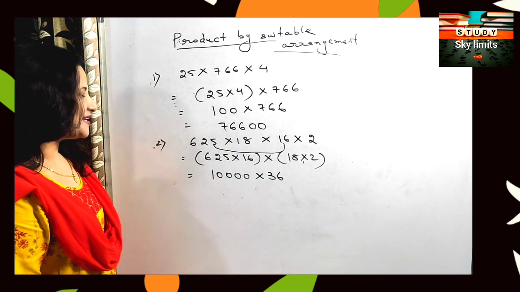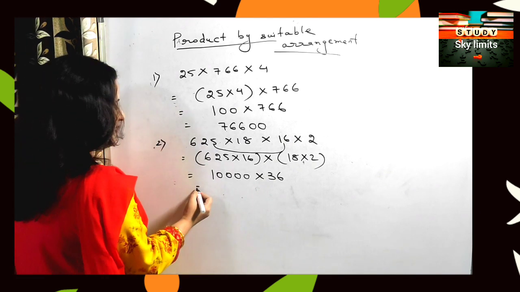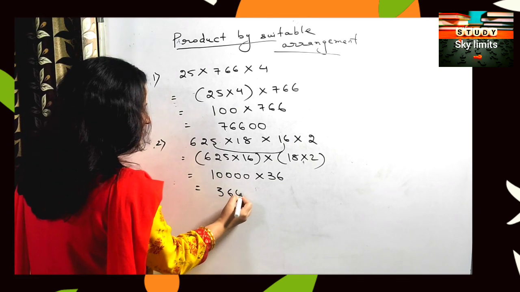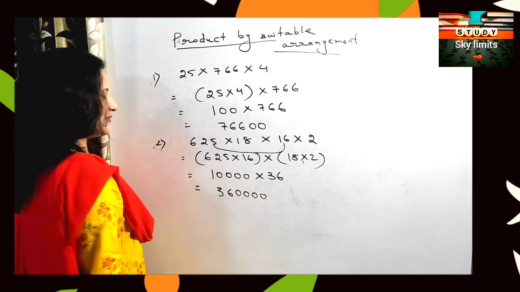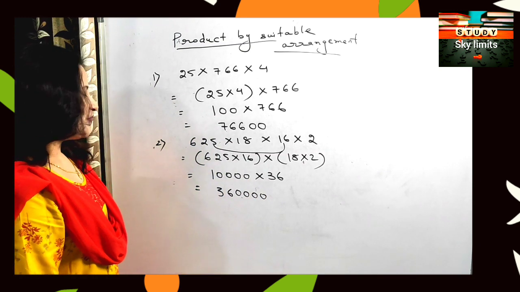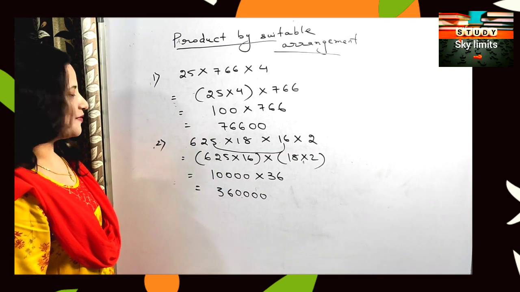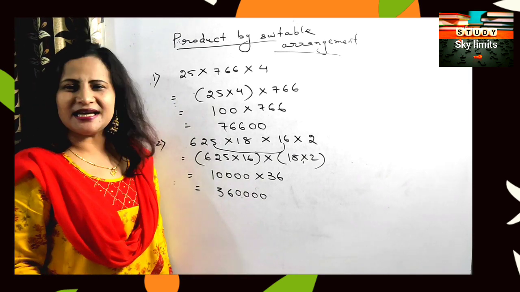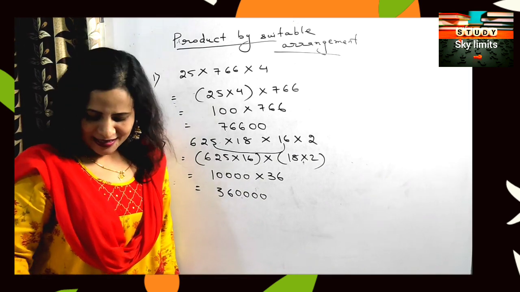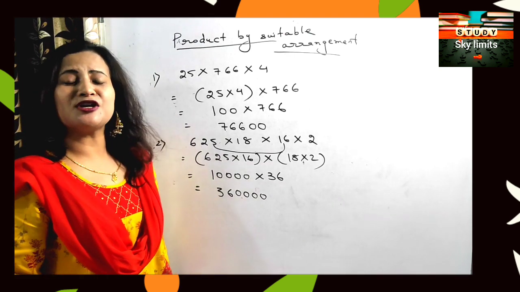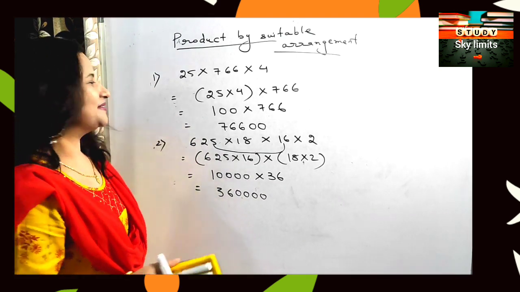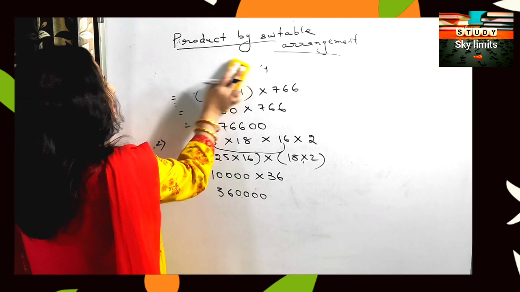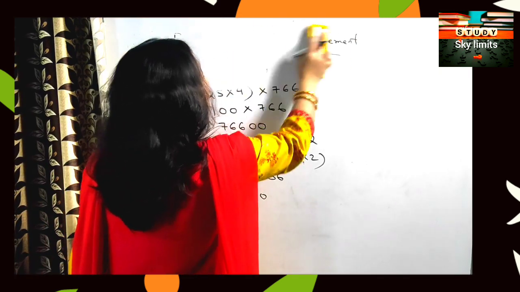So the answer becomes 36 with 10,000, so 3,60,000 you are getting here. Okay? So this makes the multiplication process very simple. I hope the idea is getting quite clear with everyone.